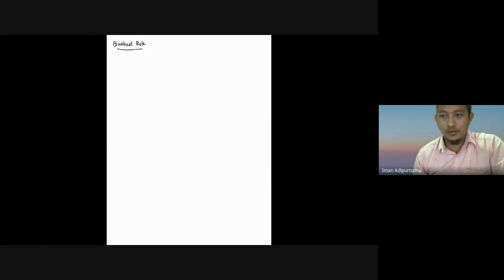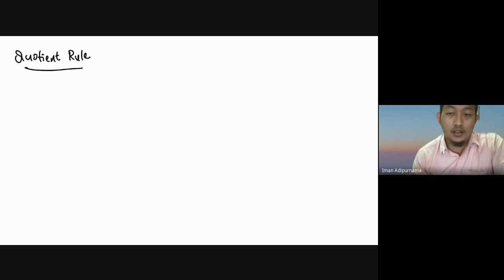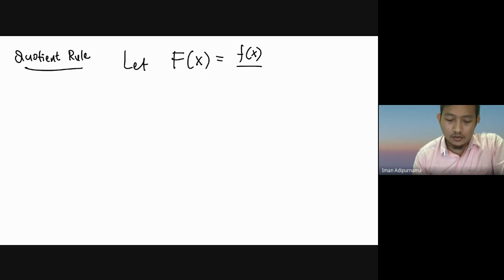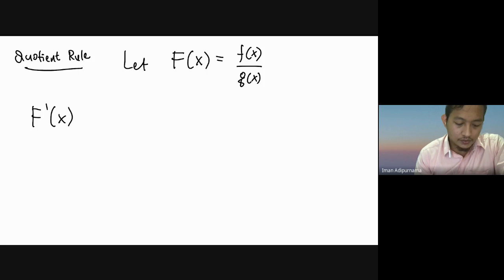Okay, the quotient rule. Let me write it similar to the product rule. So let's just use the big F to denote this. And then we can write the general term for the derivative.